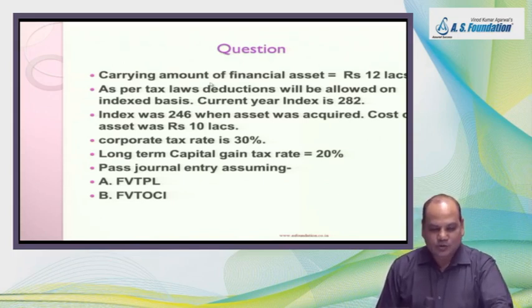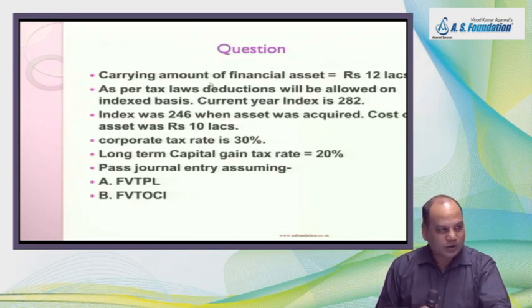Current year index is 282. Index was 246 when the asset was acquired. Cost of asset was 10 lakh. Tax rate 30%. Tax rate on long-term capital gain is 20%. Pass journal entry assuming FVTPL. What is FVTPL?